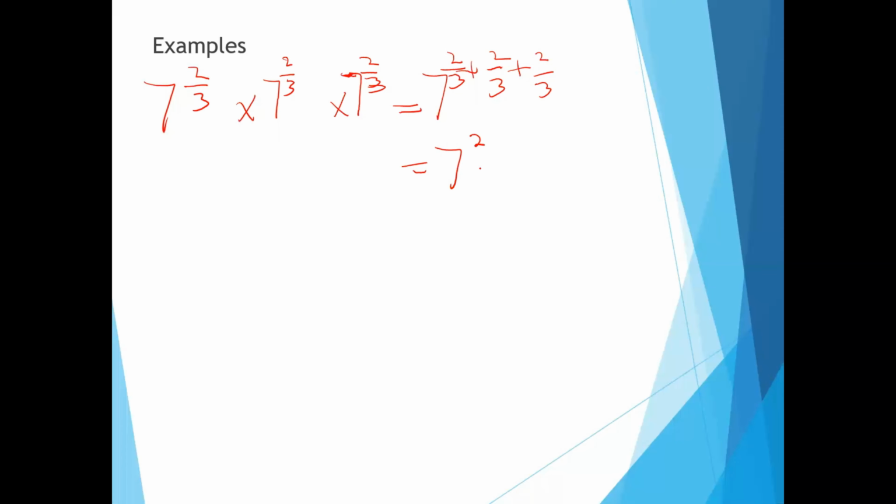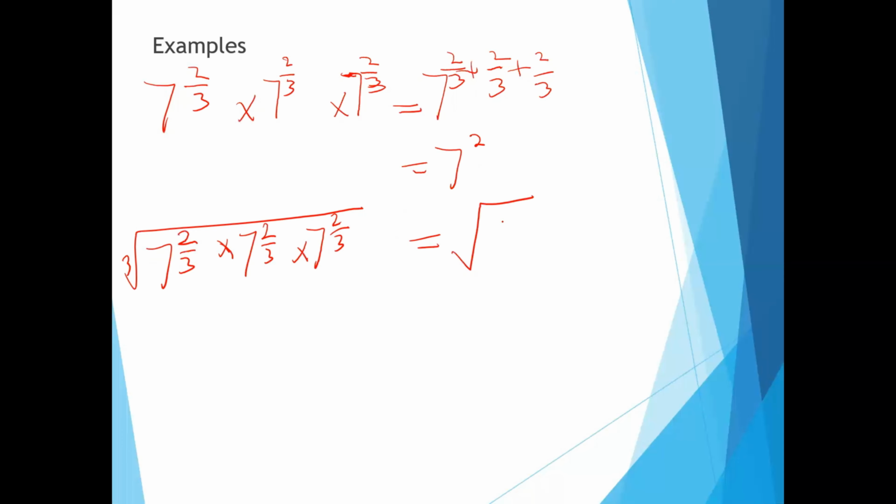The next step is that we want to find the cube root of the sides. So the cube root means that we are going to look for 3 factors that will multiply to give us the same value. So over here, we shall get 7 raised to the power 2 over 3.